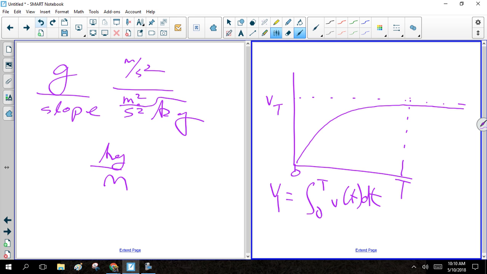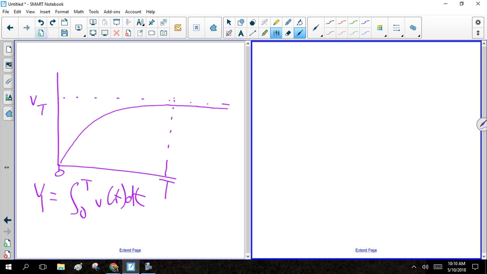Part D, determine an expression for the approximate amount of mechanical energy dissipated, delta E, due to air resistance during the time the stack falls a distance bigger than that y. That's important because that means it's already reached its terminal velocity, right? Does that make sense?